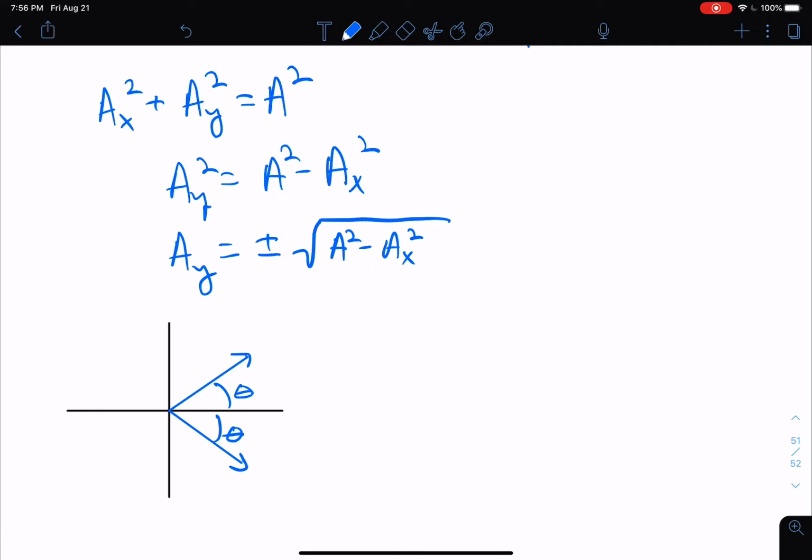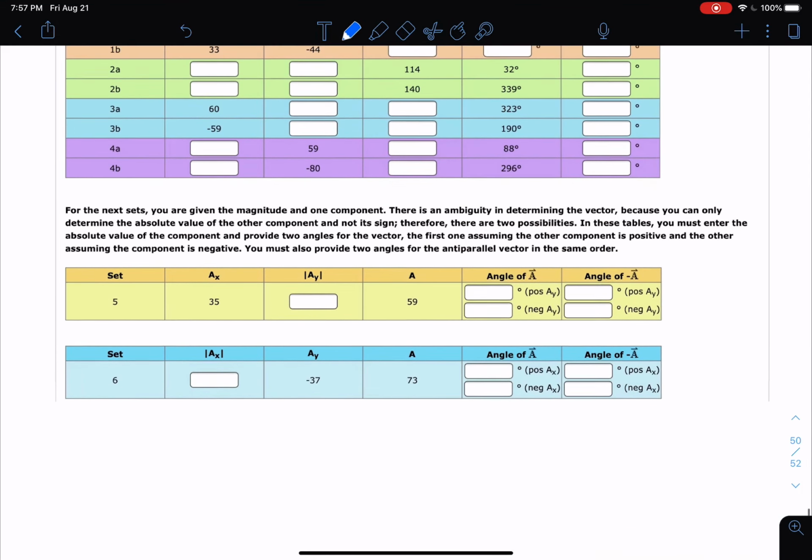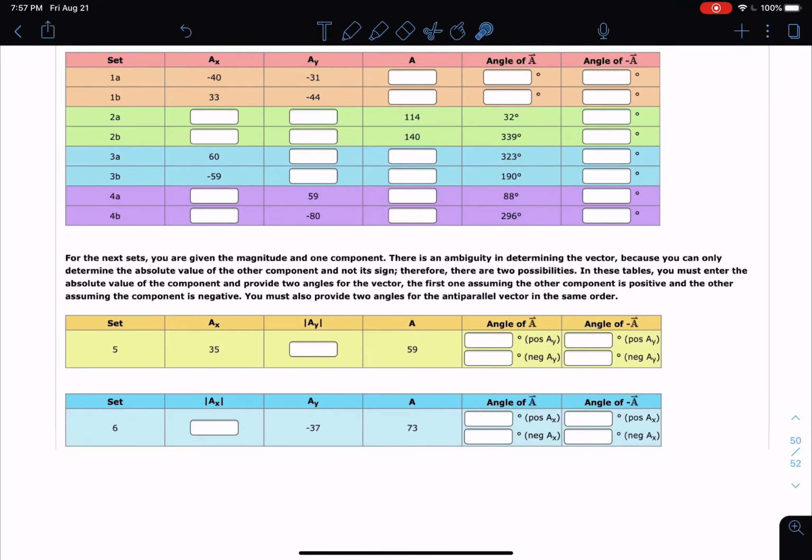Now you can see these two vectors are pointing in different directions. And so that's why, if we come back up to here, it says, okay, what's the angle for A if you had a positive y component? What if you had a negative y component? What's the angle going to be?